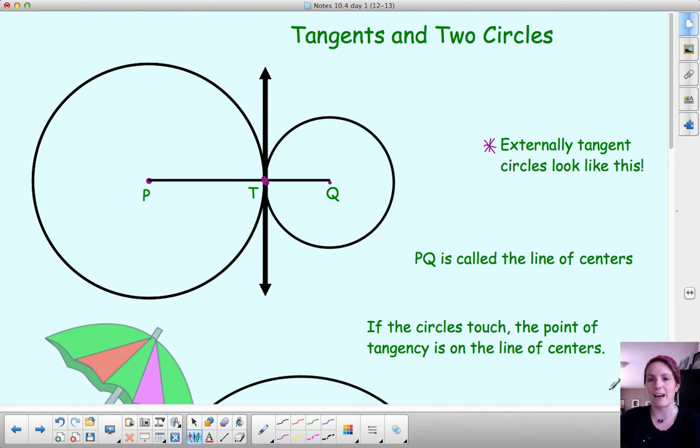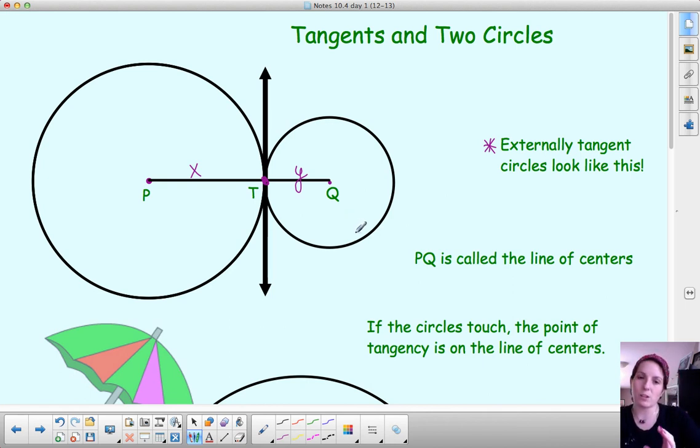The point of tangency is on the line of centers. Now, these two circles were externally tangent, right? Each of them on the outside. And can we look at some of the things that we'd be saying? We could be saying that radius PT and radius TQ, to get the sum, we would have segment PQ. So we have lots of things that we could be doing with this.